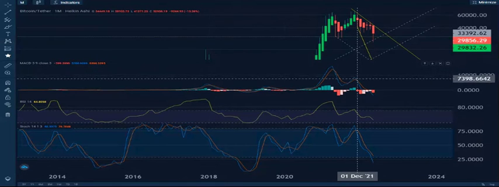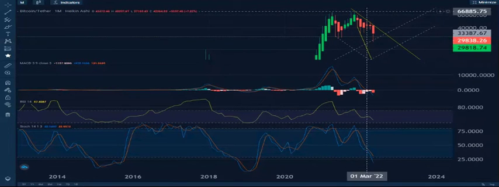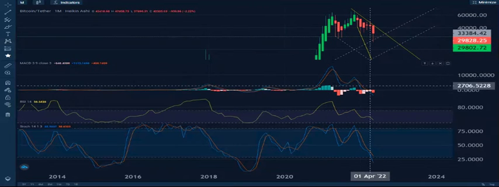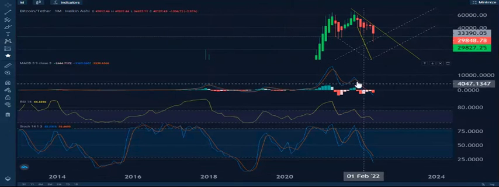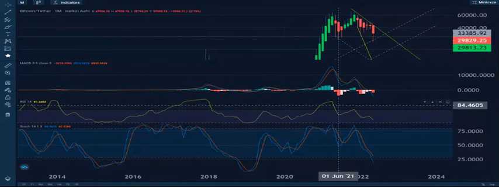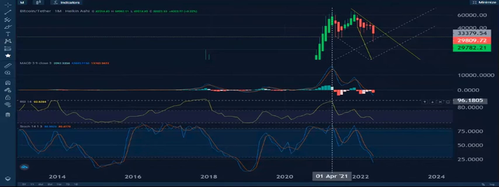So look, we have a lower peak here. Our top here, same top level, lower. That really spells weakness, super weak. Look at our RSI, lower top. What does that say?